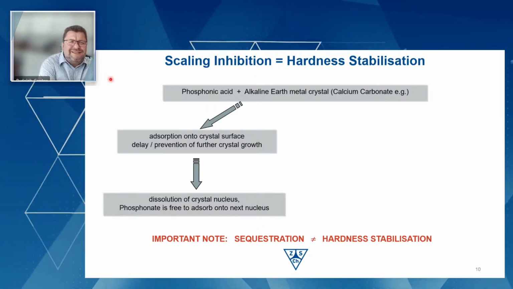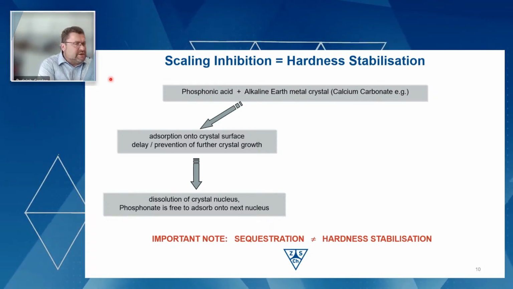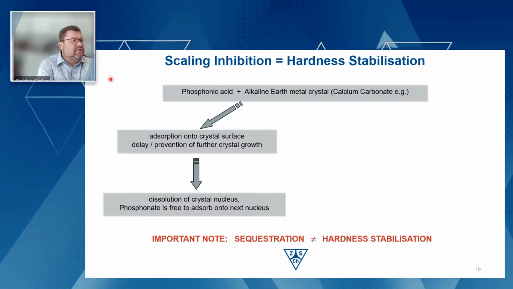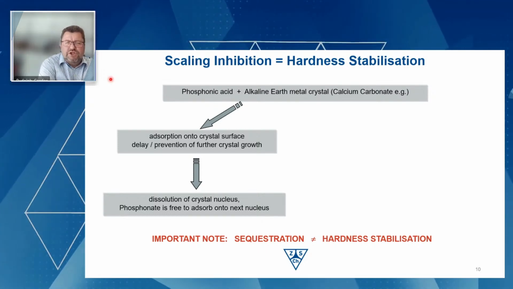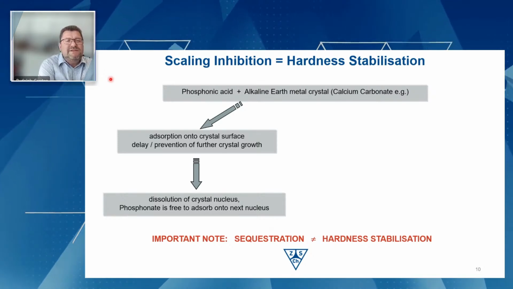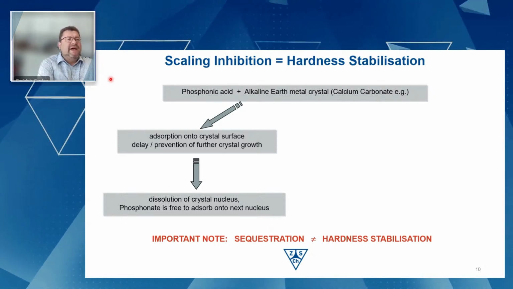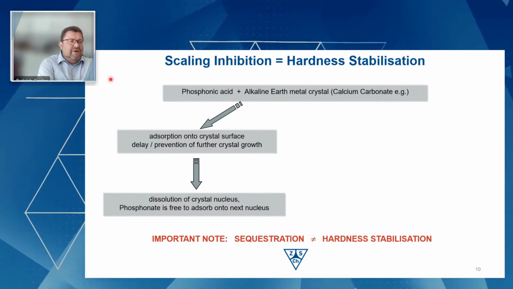If we want to understand a little bit better how this chemistry works, I picked from these 4 basic properties the one which is, in my opinion, the most difficult to understand. And this is the scaling inhibition.